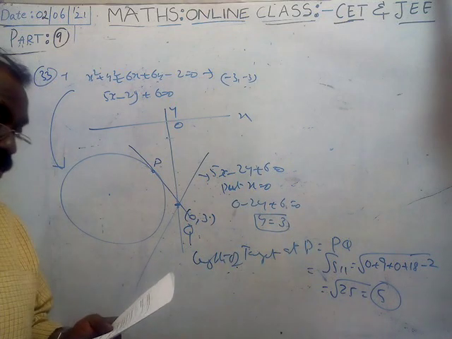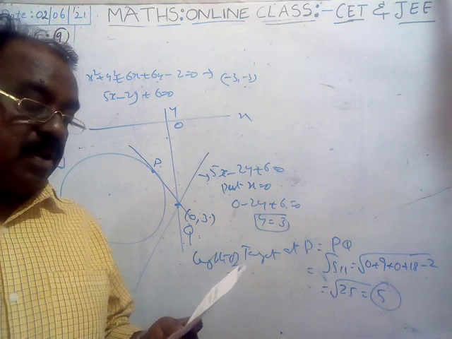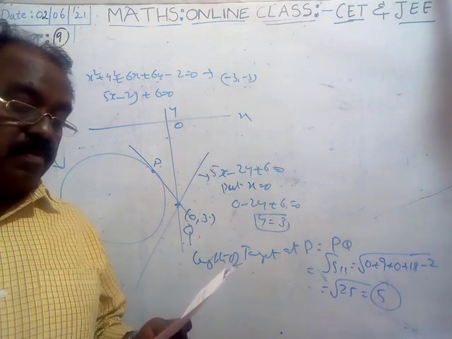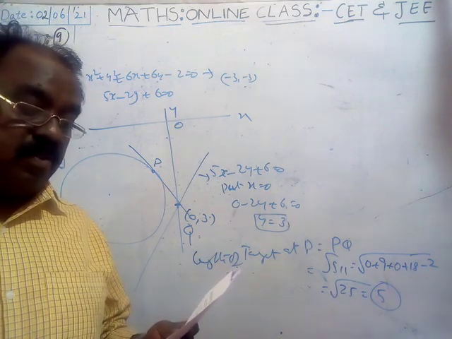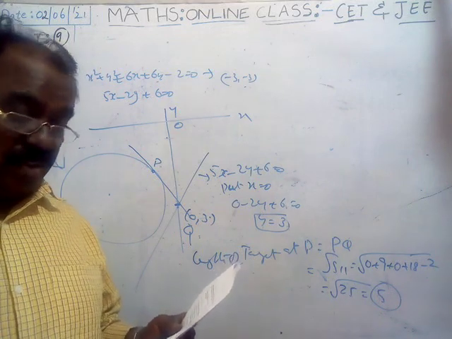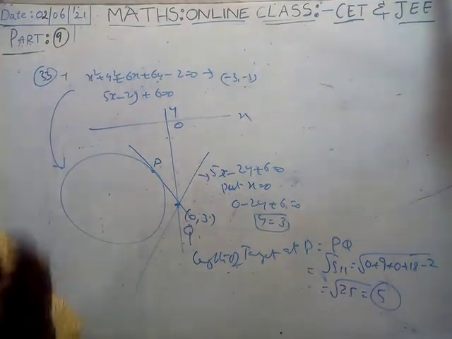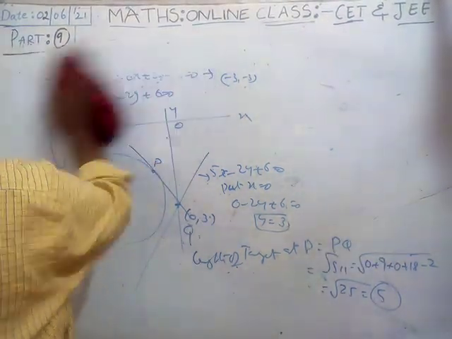Next, problem 34. The angle between the tangents to the circle with the center (4, 5), drawn from the point P (-2, -3), is 120 degrees. Then the length of the tangent to the circle is? Also a good concept.